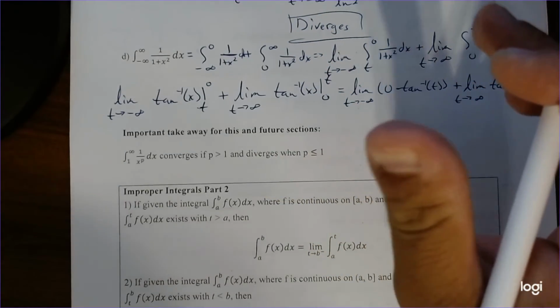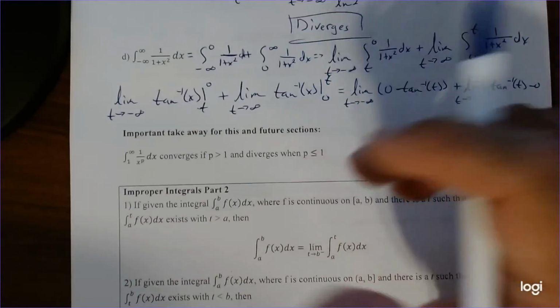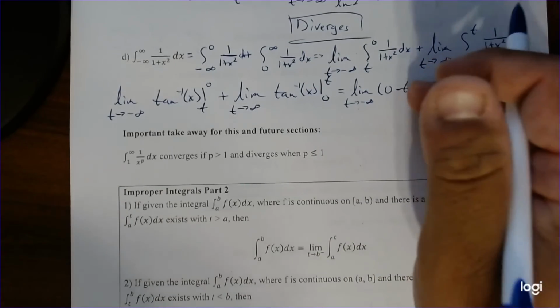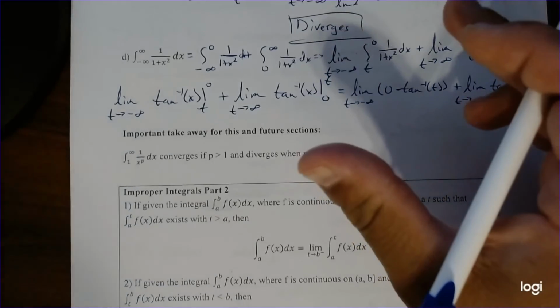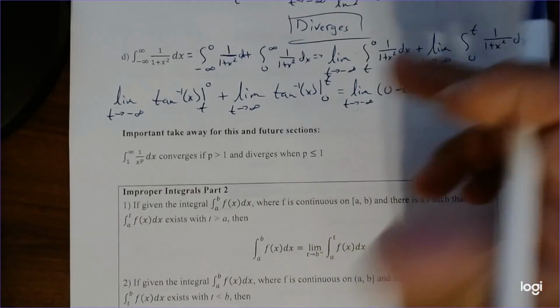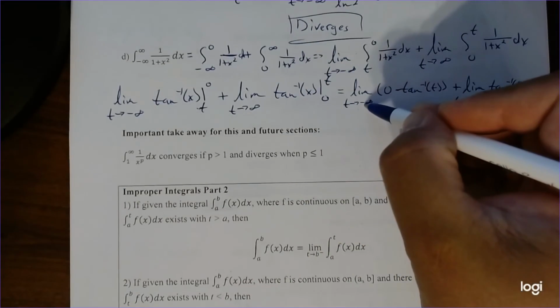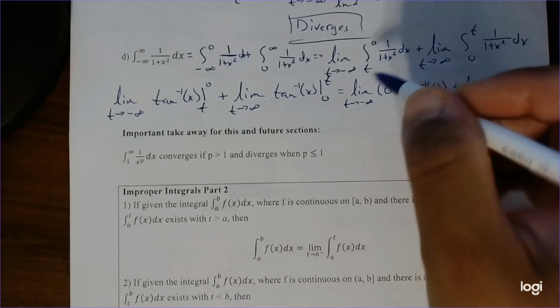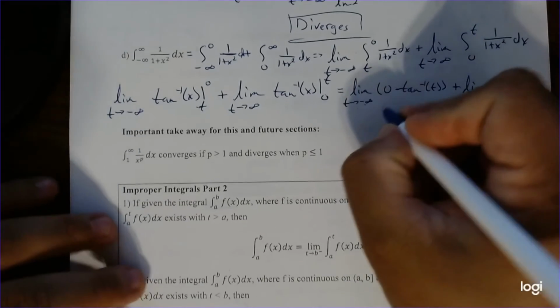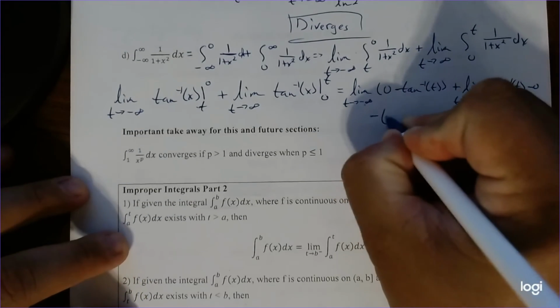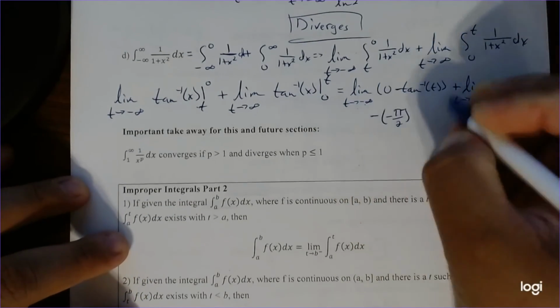So the range was infinity in regular tangent, so in arc tangent, the inverse of tangent, it's the opposite. Its range is now from pi over 2 to negative pi over 2. So as t goes to negative infinity, this ends up going to negative pi over 2.